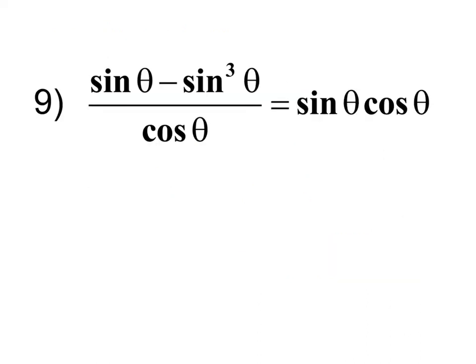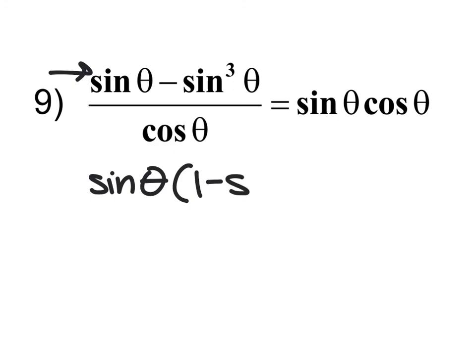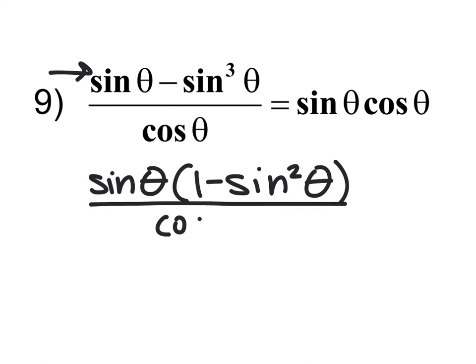Okay, last one. Now, this one, I'm looking at the numerator, the top, and I'm thinking, okay, maybe I can factor that. And in fact, I can. I can pull out a sine theta. I'm left with 1 minus sine squared theta. Ah, that is an identity, right? This is over cosine theta. All right.